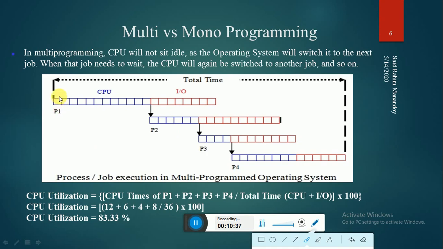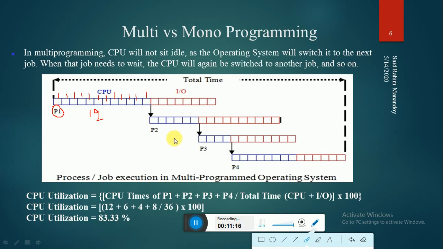So what is the time of program number 1 which requires a CPU to be utilized? 1, 2, 3, 4, 5, 6, 7, 8, 9, 10, 11, 12. 12 milliseconds are required for process number 1. Then it goes to the output device, and we don't care about the output device, whatever it is.